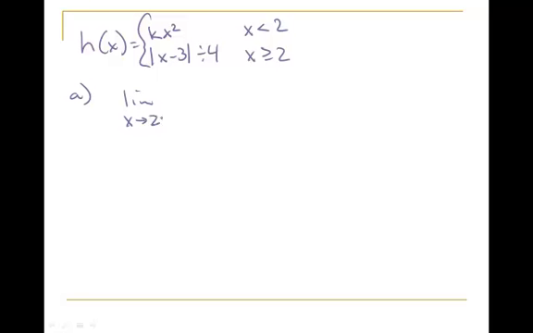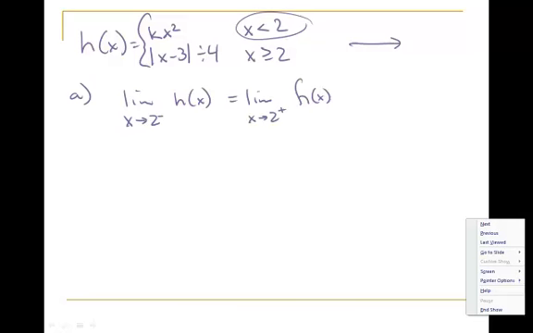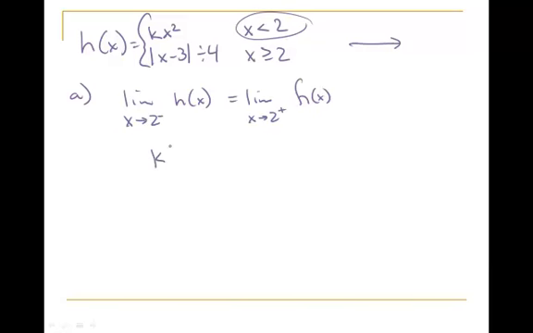the limit as x approaches 2 from the left has to equal the limit as x approaches 2 from the right. Alright, from the left, that means going towards 2, so that would be my top function where x is less than 2. So the limit as x approaches 2 would be k times 2 squared.